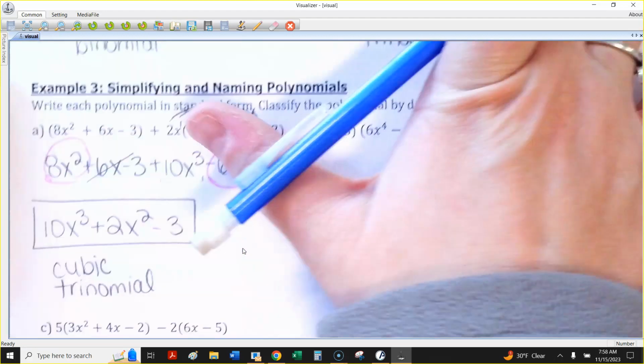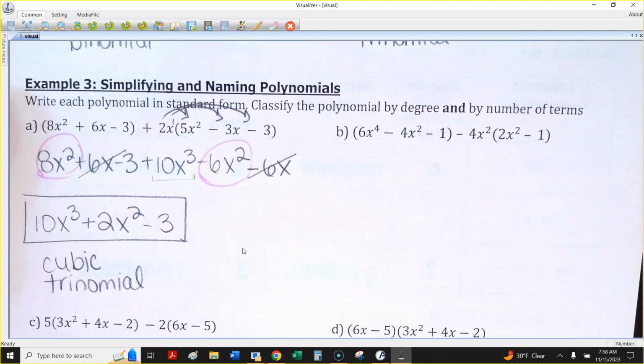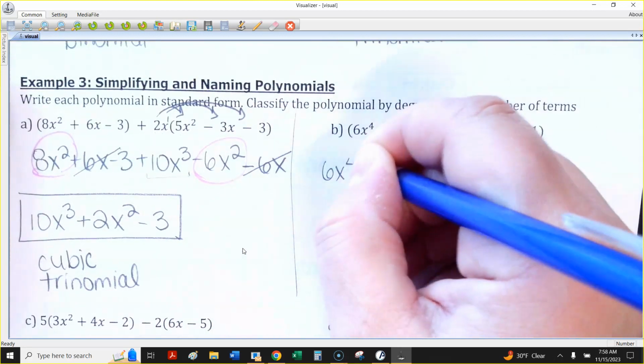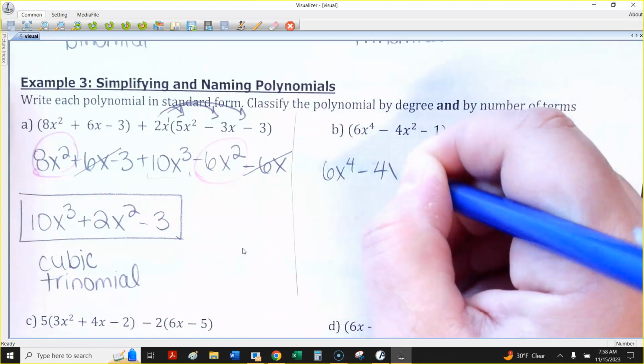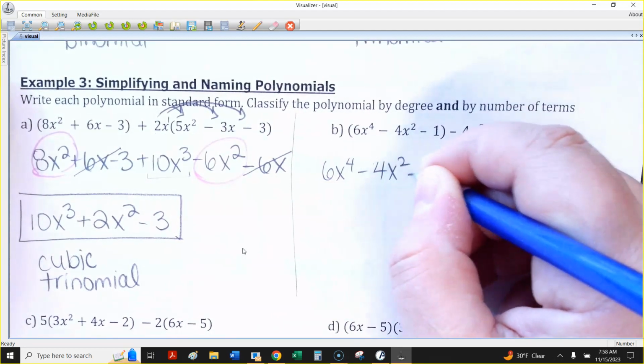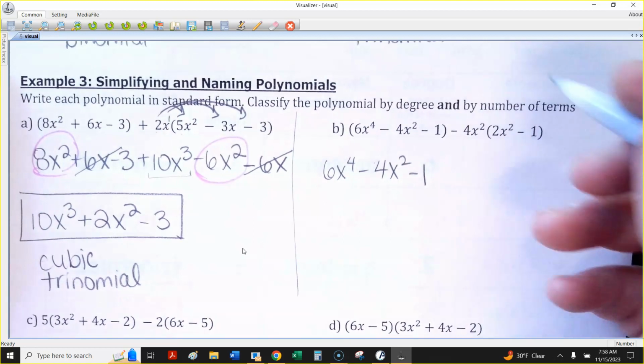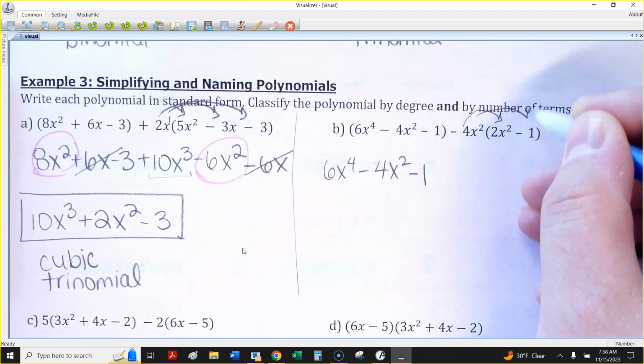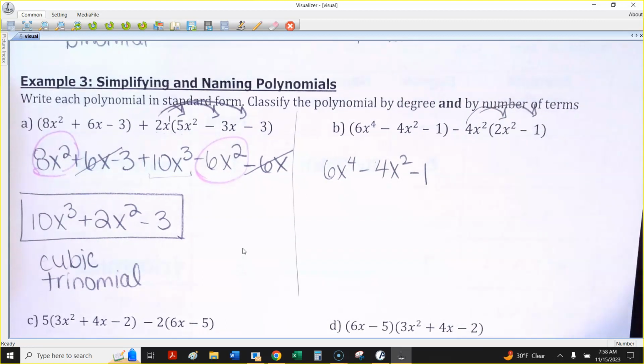Okay. So, similar question, but we're subtracting on this one. I don't have anything in front of the parentheses on that first polynomial, that 6x to the fourth minus 4x minus 1, so I'm just going to drop the parentheses. Now, this I am subtracting, but I'm distributing negative 4x squared, so just think about that as going through as a negative 4.